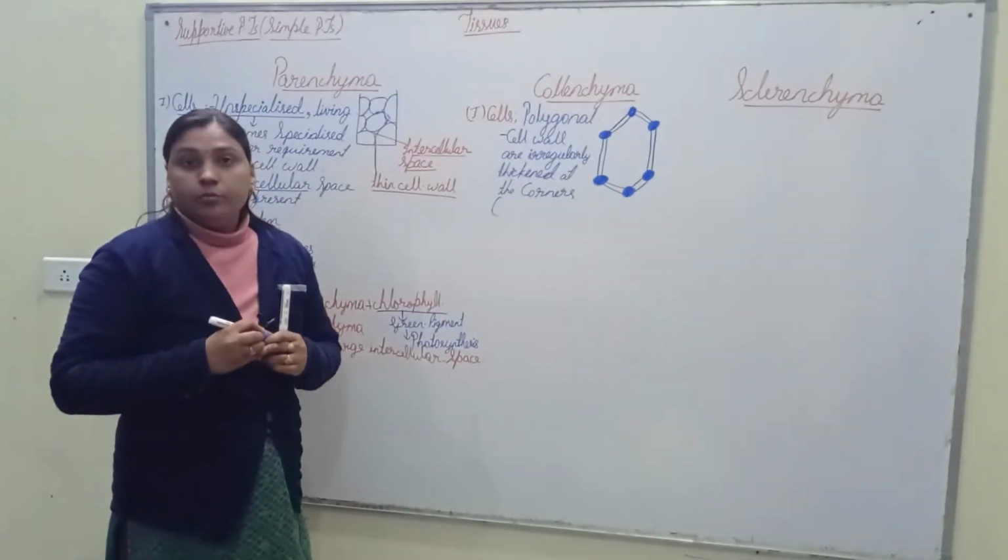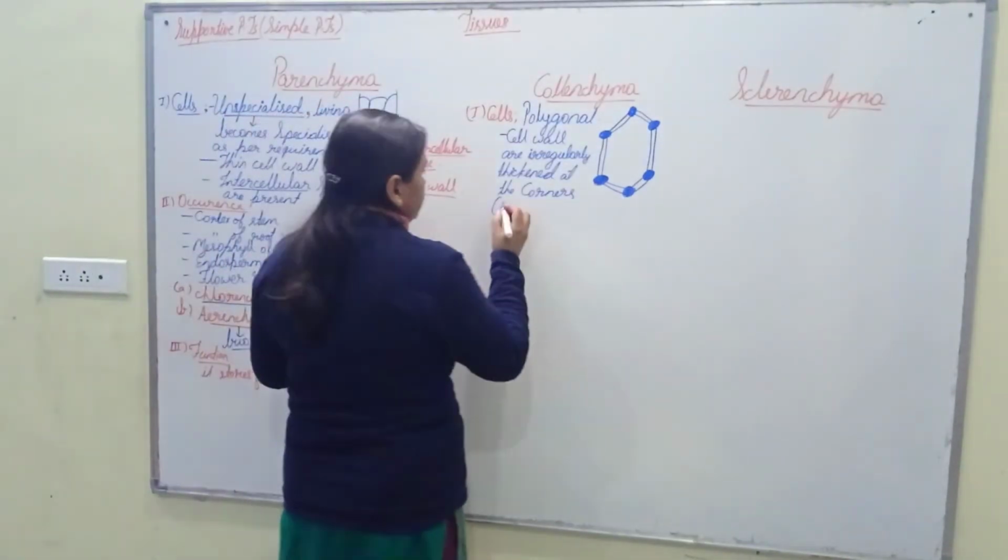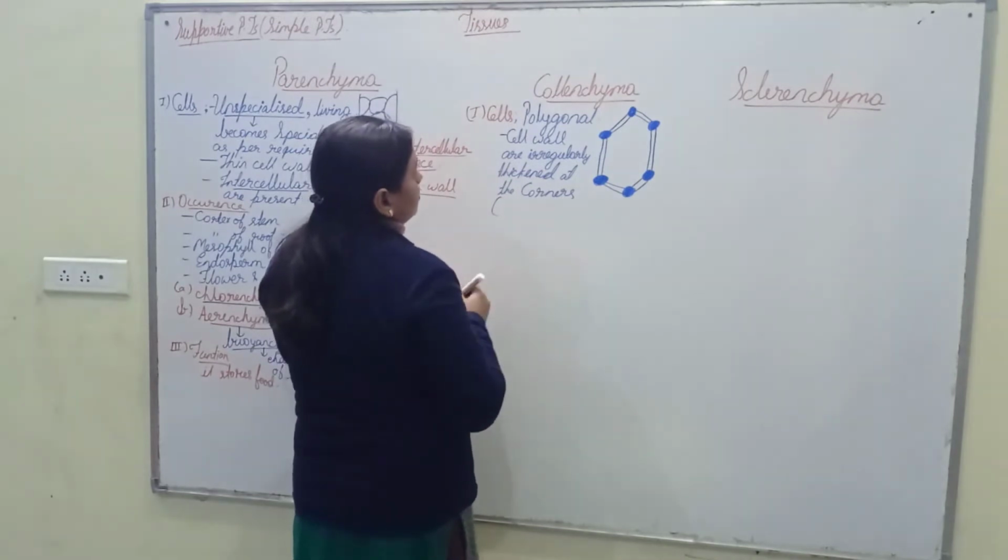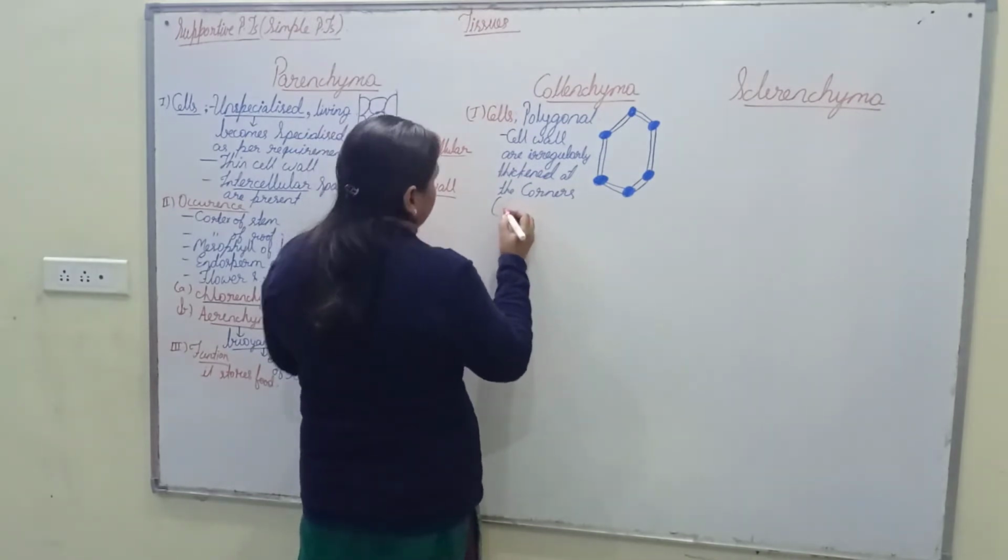Due to the deposition of pectin substance, the cell wall is irregularly thickened.